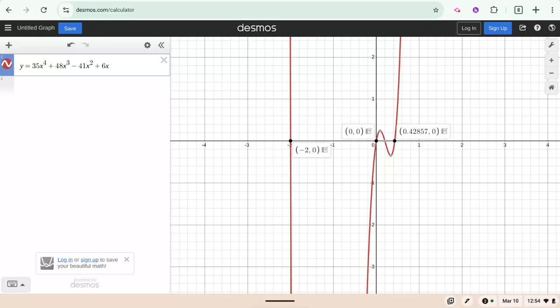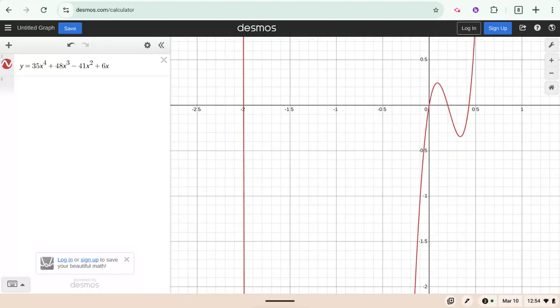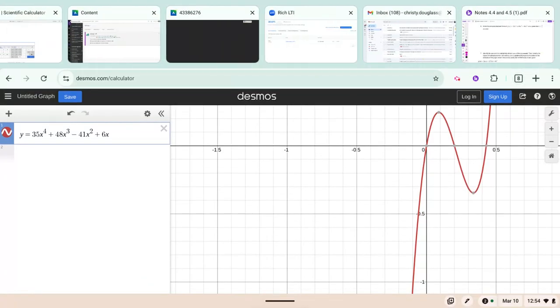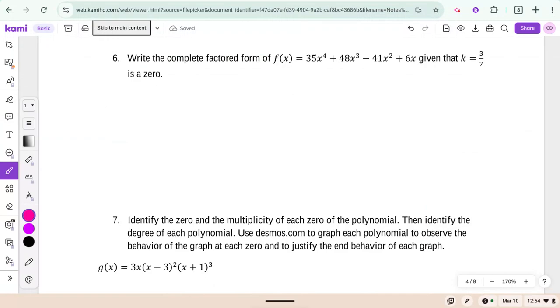Okay, so I've got 3/7, and these are so close together, that's 3/7, that's 0.2, that's -2, and then of course 0. So let me go back to my notes now and see what I can do with this information.